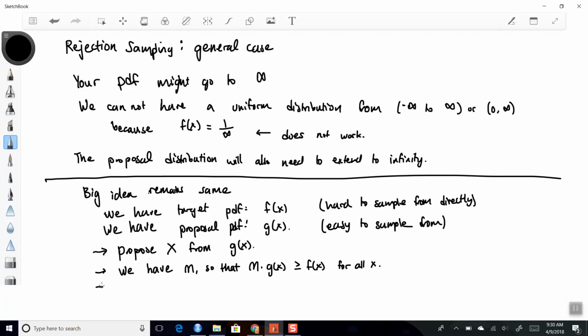Then we generate u from 0 to 1, and then we accept x if u is less than or equal to f of x divided by m times g of x.